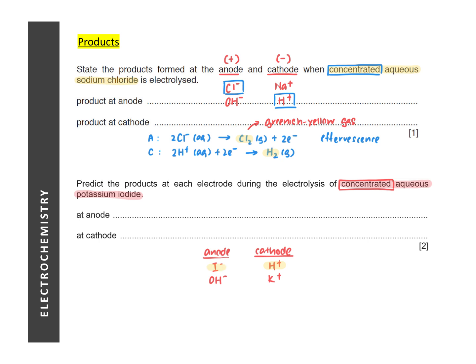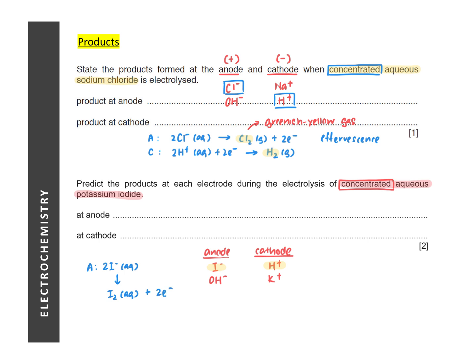Step number 3 is to write the half equations for the reactions at the anode and the cathode. The half reaction for the reaction at the cathode is the same as above, so I will not be writing for that. But at the anode, what is happening is that your iodide ions will now be oxidized to iodine. Most likely it is going to be aqueous, it's going to be dissolved in water.